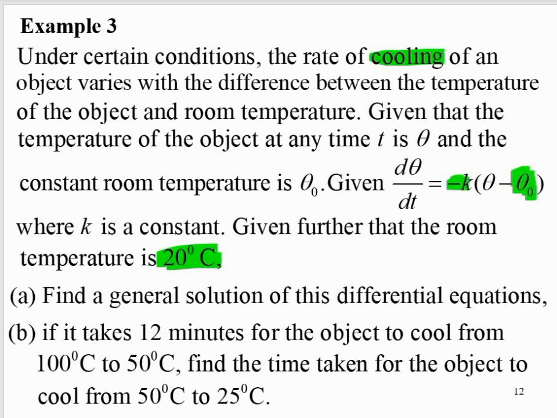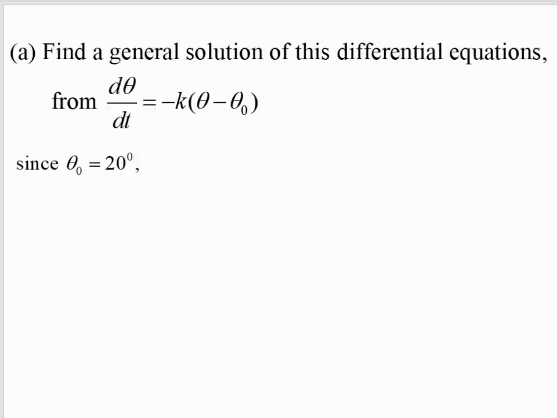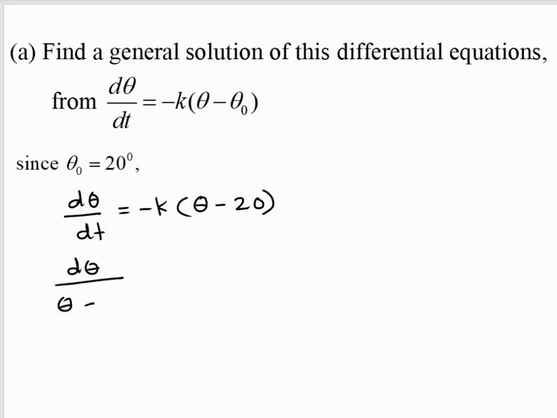So let's find the general solution first. This is the model. Since theta naught is 20 degrees Celsius, we have d theta over dt equals negative k times (theta minus 20). Now I'm going to separate the variables. So we have d theta over (theta minus 20) equals negative k dt.